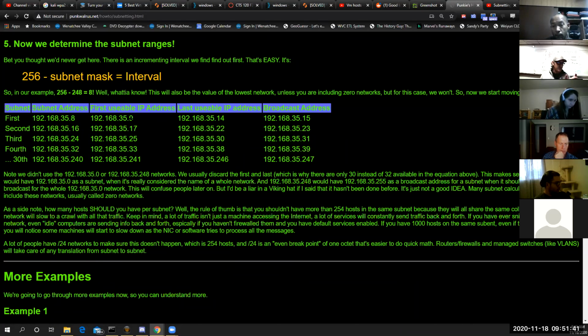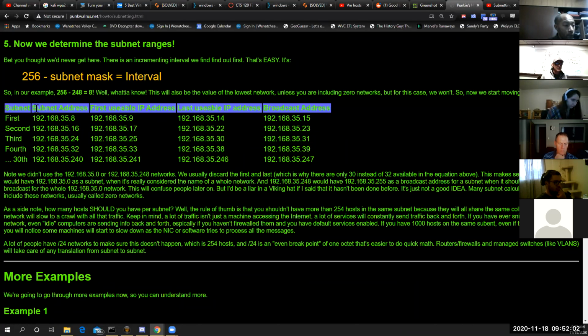So then he goes on to try to explain the first usable address and the last usable address from each subnetwork. Keep in mind that he's not showing the top and the bottom subnetworks. So if you're thinking, why is he starting at .8? Well, the very bottom subnetwork would be .0 to .7, and that one's not used at all, and neither is the very top subnetwork. So it's very wasteful.